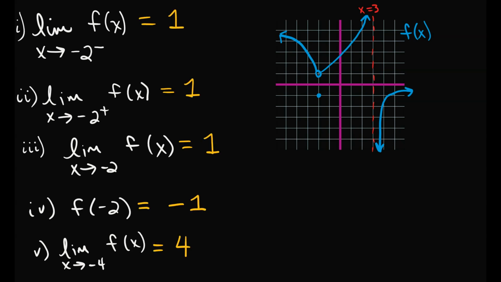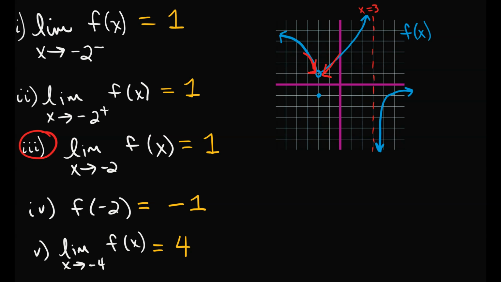Okay, so we see that from the left and from the right, as x is approaching -2, the function is approaching 1, so the overall limit is 1. That's here, number 3. We see that the value of the function at -2 is -1. That's here on the graph, but it doesn't matter. It doesn't affect the limit.